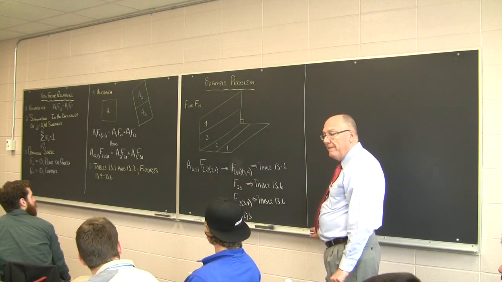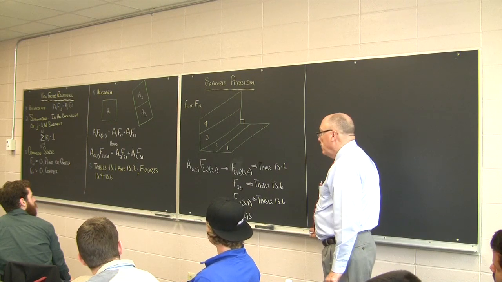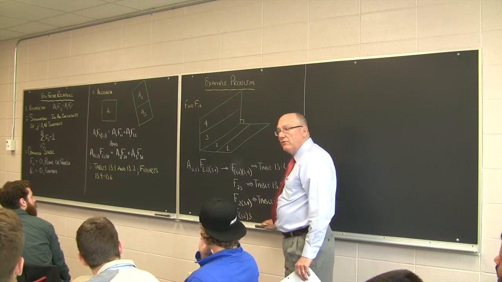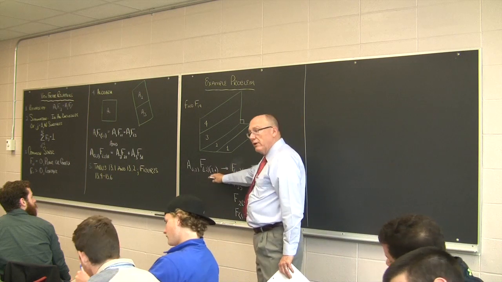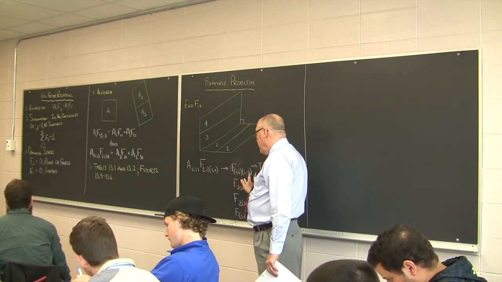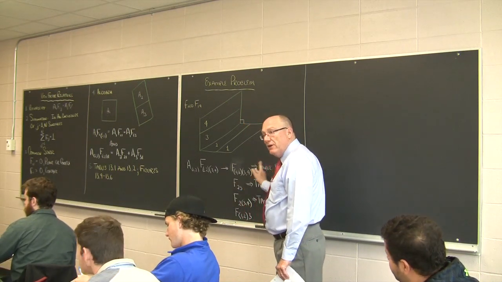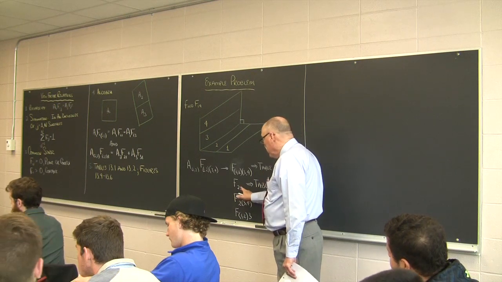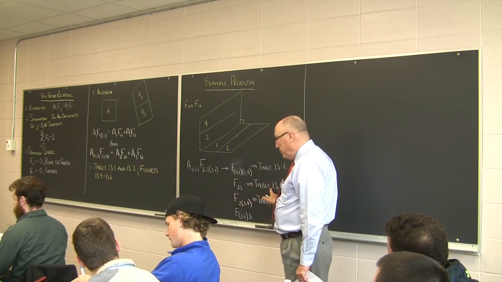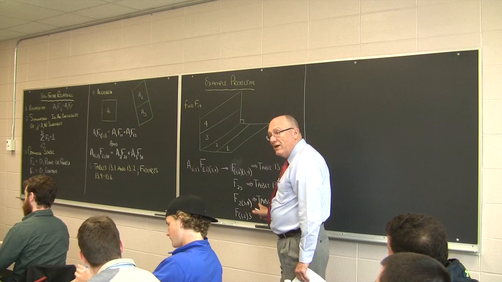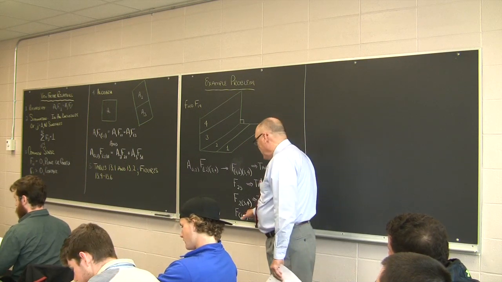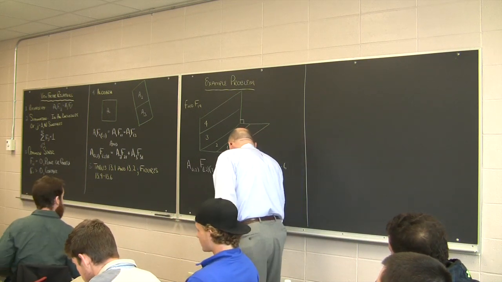Are we using A1,2 for all of those? No, I'm just saying these shape factors, no, this is just the first relationship I wrote down. And then from that, I just said you can get this value in figure 13.6. You can also get this value in figure 13.6, and this value, and this value.